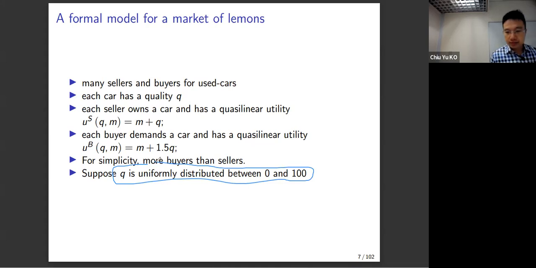And what the belief here is, we believe that the seller has a dominant strategy such that if the price is higher than the Q, they just sell.